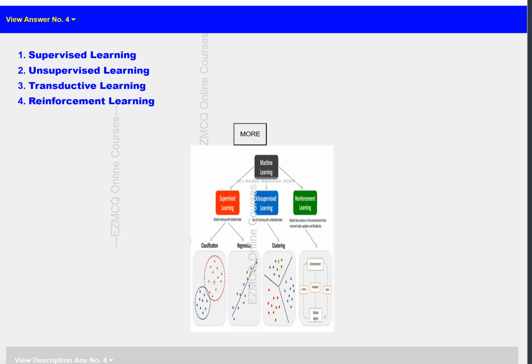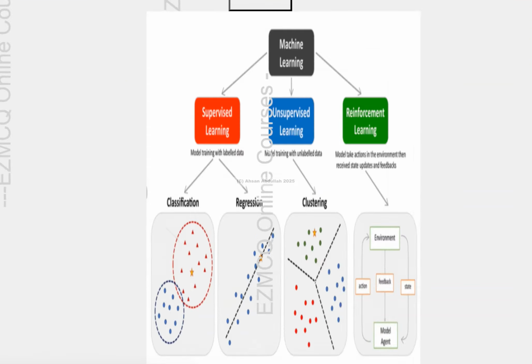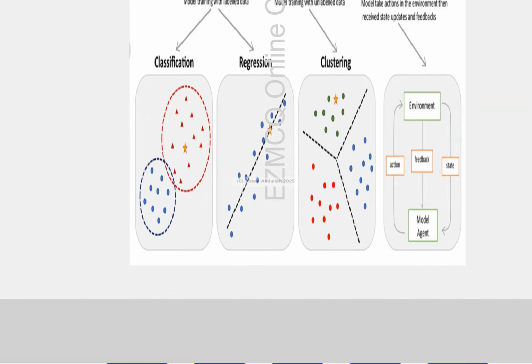Transductive learning bridges the two types of these learnings by making predictions only on a given unlabeled data set. So it leverages both labeled and unlabeled data without generalizing broadly. Now, reinforcement learning is fundamentally different. The agent learns through trial and error. There's an action and then there's feedback.